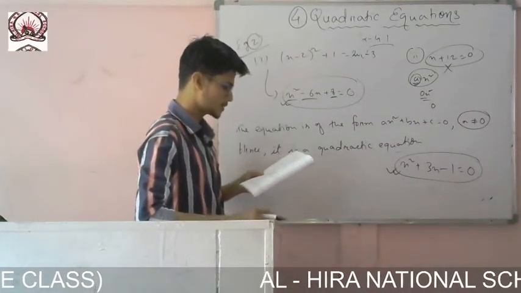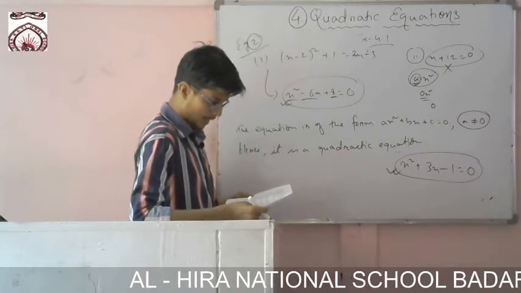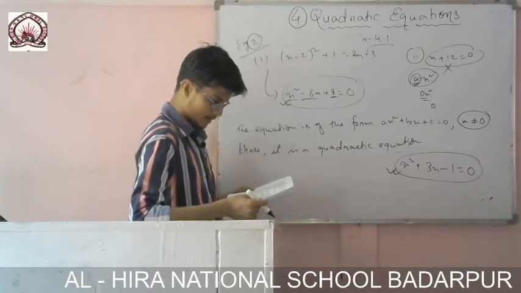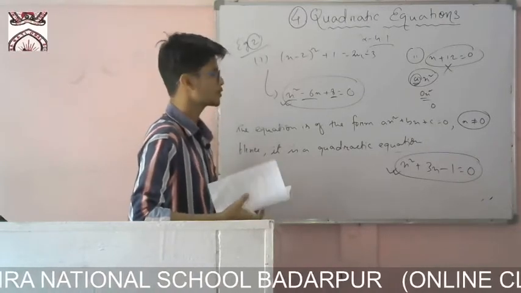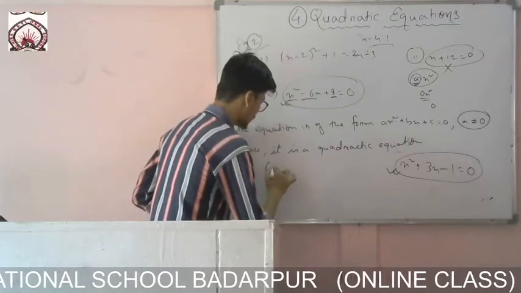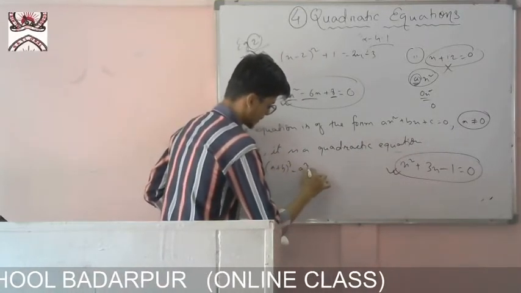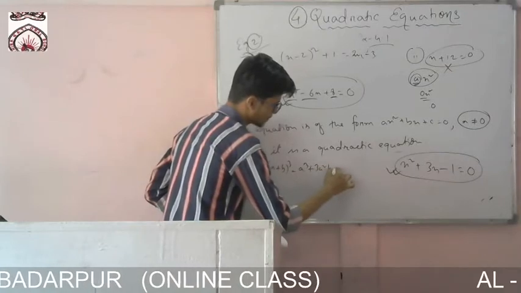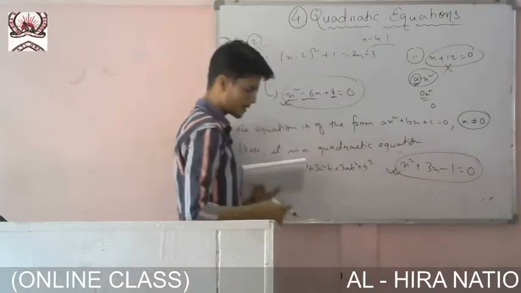Then the next one, you see the equation is given. x plus 2 whole cube equals x cube minus 4. You know the formula, a plus b whole cube is a cube plus 3a square b plus 3a b square plus b cube. Remember this in mind.